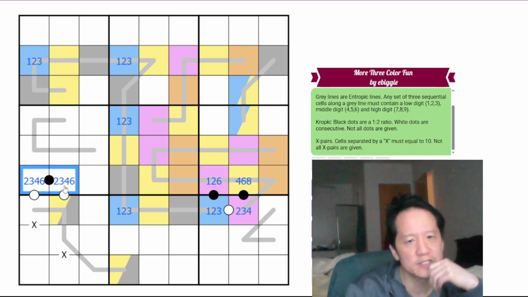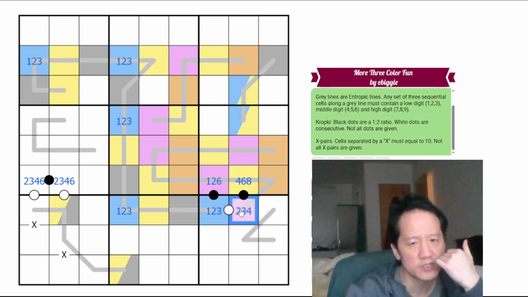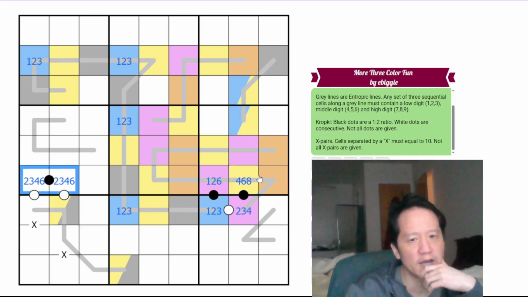If this is 3 and 6, actually, let's take this as 2 and 4. If this is 2 and 4, one of these has to be low, which means this has to be a middle digit because we have 3 lows in row 7. So if this is 2, 4, this has to be 4. And this has to be then 4 and 8. If this is 3, 6, that forces it to be low.